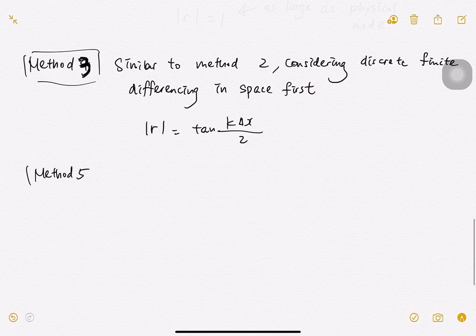If you look at the paper, you will find that there are more than 5 methods in choosing the boundary condition. If you're interested, you can look at the journal paper. I put the link in the slide.